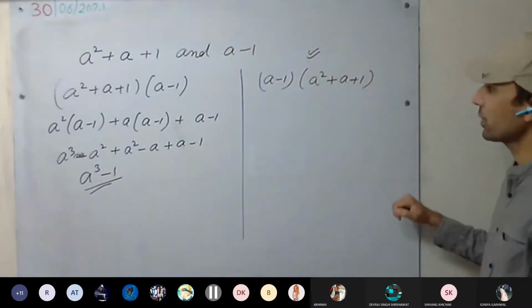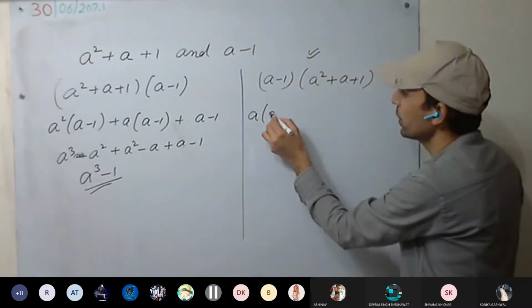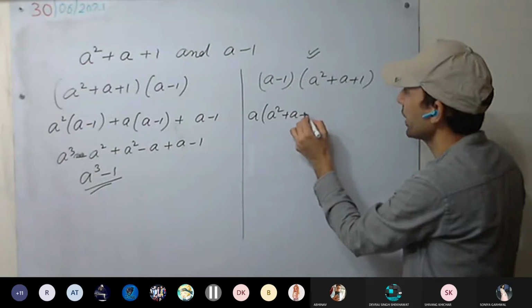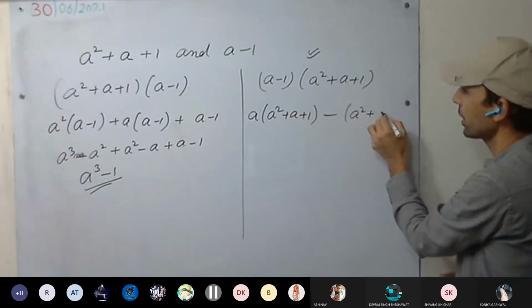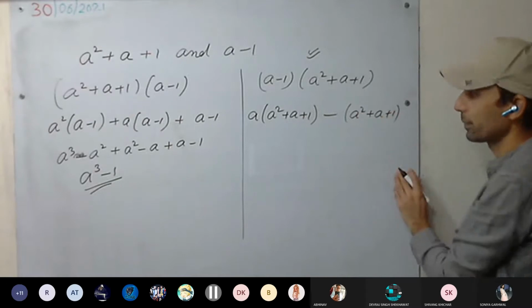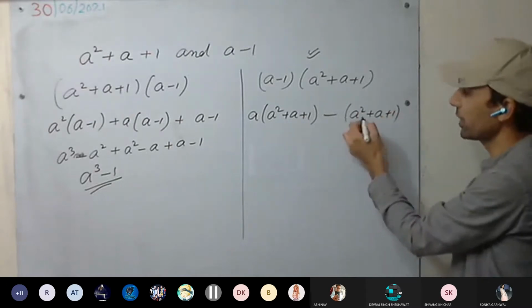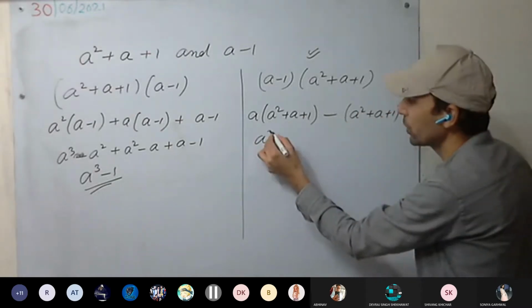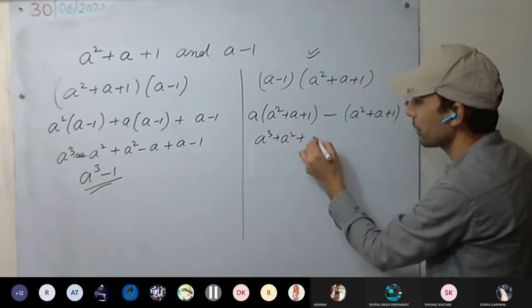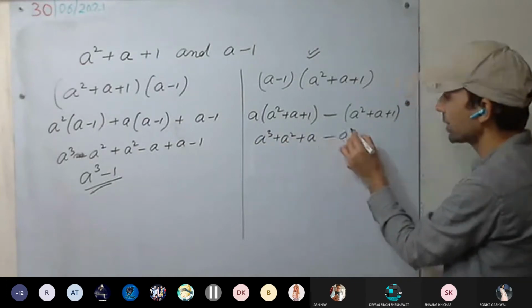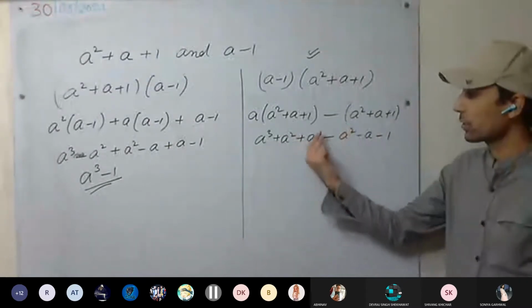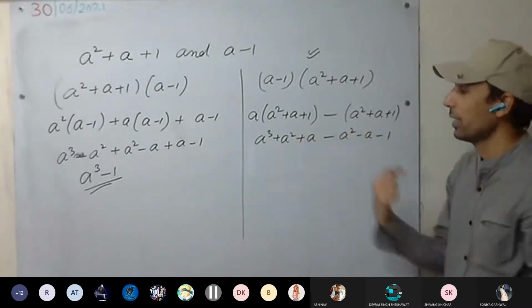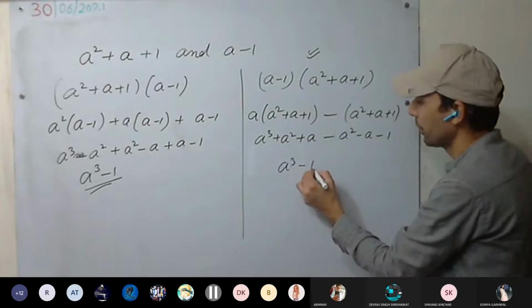And see here as well, a into a square plus a plus 1, minus 1 into a square plus a plus 1. This will be a cube plus a square plus a, minus a square minus a minus 1. So a square minus a square, a minus a, cube minus 1.